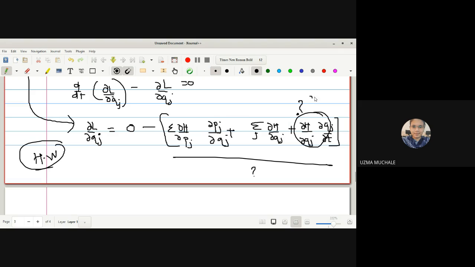So this should be a homework for you people. Is this term correct? Check and find out the answer.